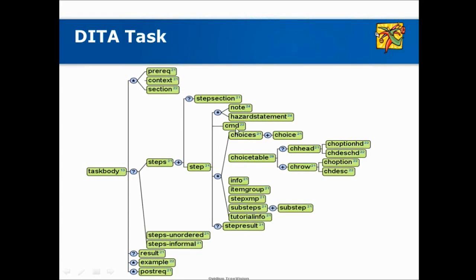It's inside the command element. Choices, meaning if you have a list of choices of what might need to be done in the command. Choice table, et cetera. And we're not going to go too much into these details because we only have an hour. But the idea here is that DITA provides, like we said before, a semantic structure for modeling the content.